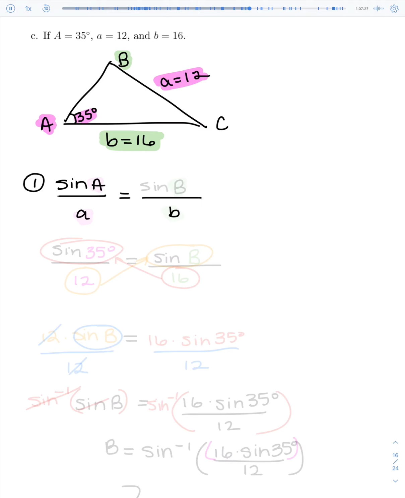We have side B, and that has to match up with angle B, so it'll be sine of angle B. So let's see, filling in what we do know, we've got angle A, and side A. So we'll start off with sine of 35 degrees over side A, which is 12, equals sine of B, which we do not know.